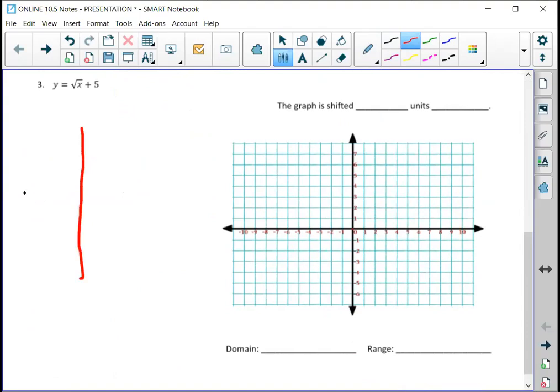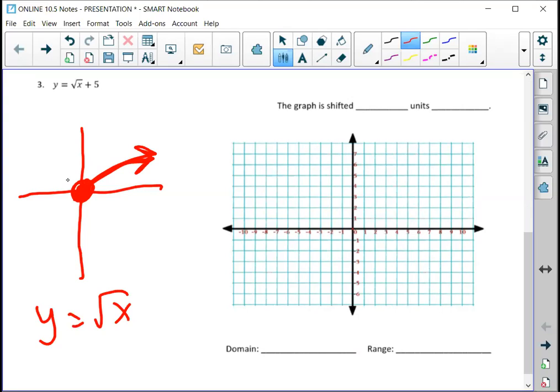The parent function for the square root, y equals the square root of x, always starts at the origin, and it kind of looks like a sideways parabola cut in half. It's going to look like this. I don't need anything perfect or exact as far as that shape. I just need that starting point in the proper location.